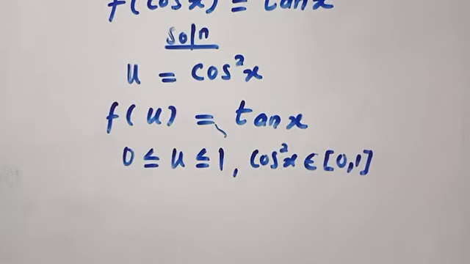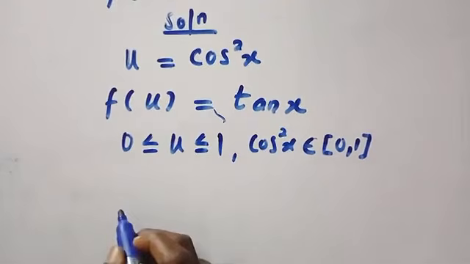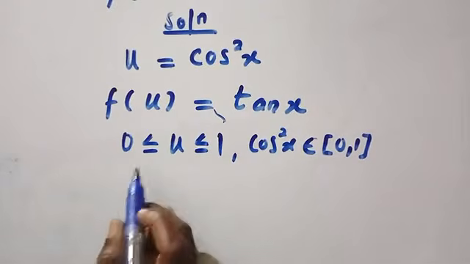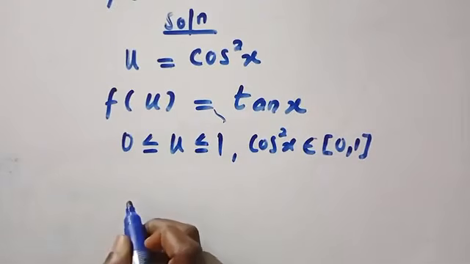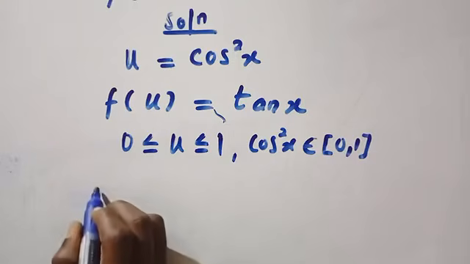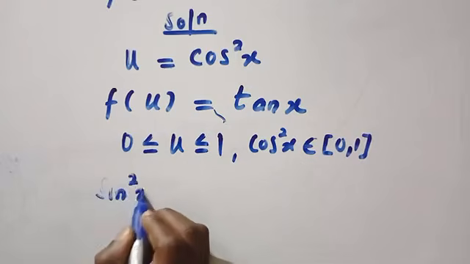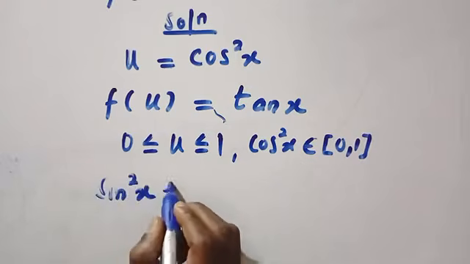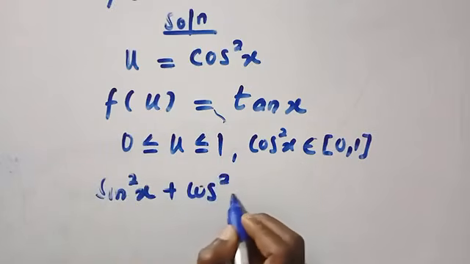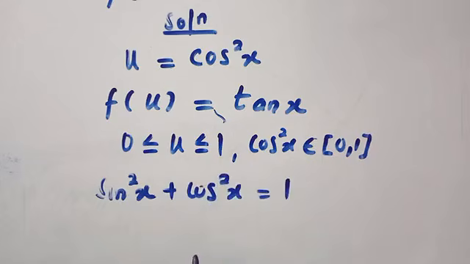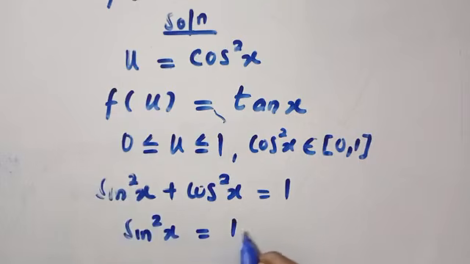Then we also need to derive some relationship between cos and sine. If you recall that sine squared x plus cos squared x equals 1, by making sine squared x the subject of the formula, we have sine squared x equals 1 minus cos squared x.